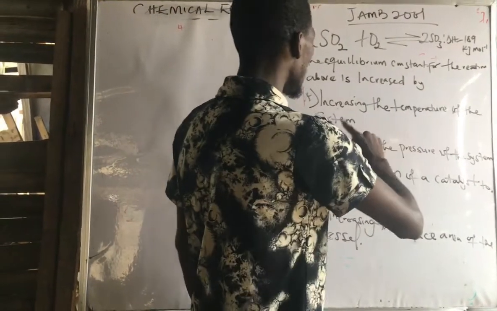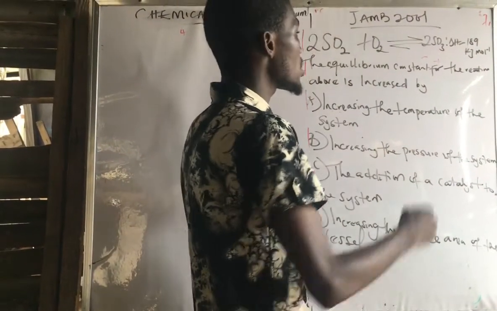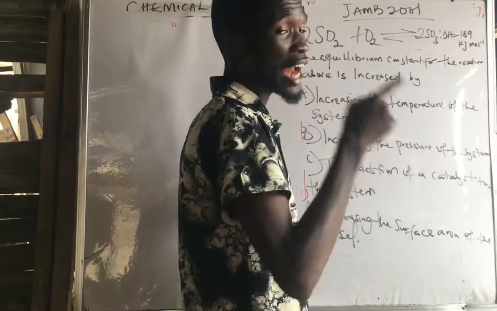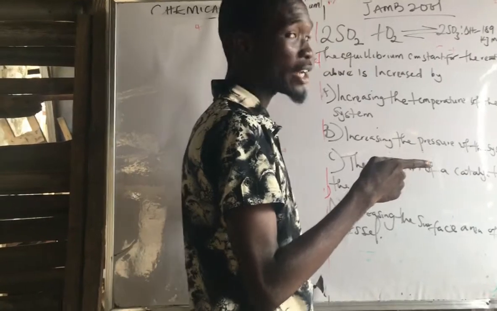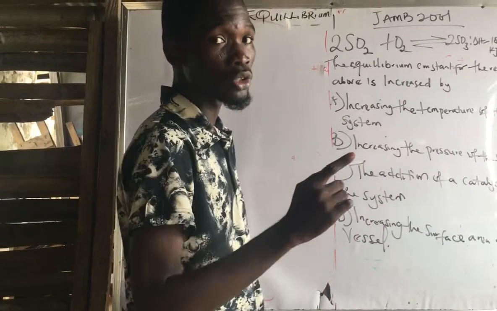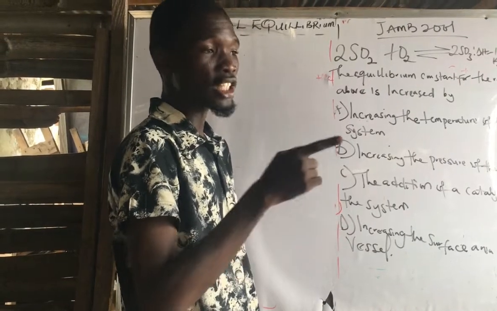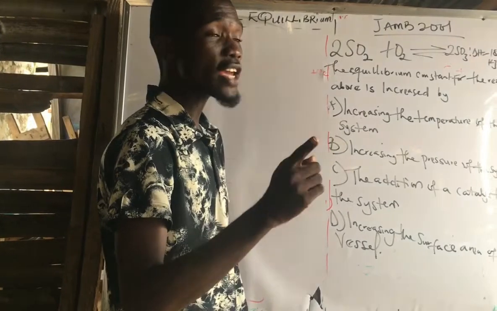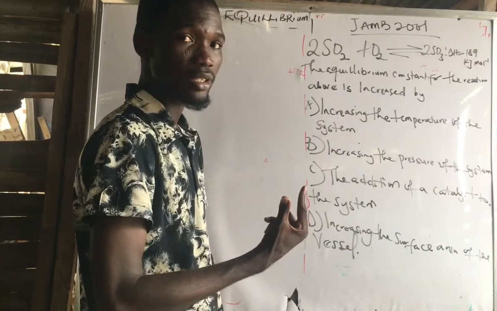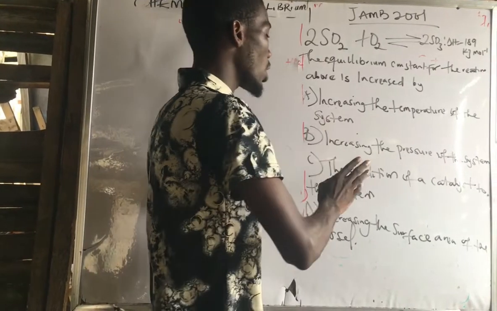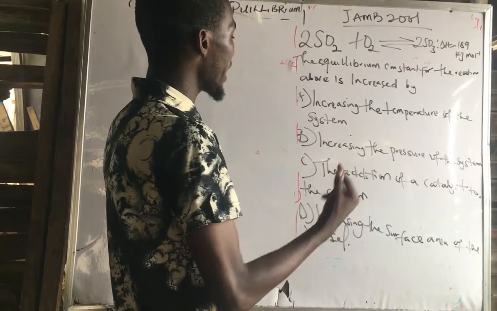Increasing the temperature of the system is wrong. Why? Because that equation has a negative sign. And if it is negative, mind you, I told you that for every negative equation given, there is a decrease in the position of equilibrium. But if there is an increase, it is what? Positive. So A is wrong. So why is B the correct answer?